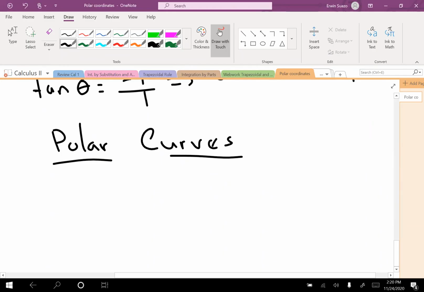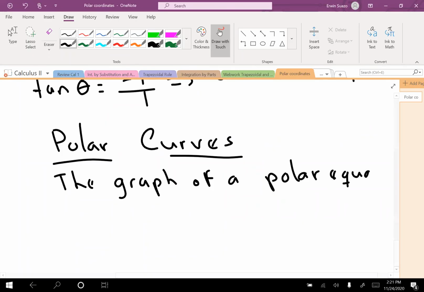So the graph of a polar equation r equals f of theta consists... So notice that this is different, right?